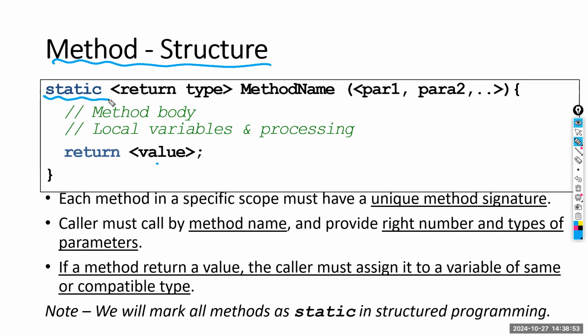Use the static keyword. If you have a return type for the method, you can use int, double, float, and so on. Then the method name, then the parameter list: data type, parameter name, comma, data type, parameter name. Then your method body, where you do some processing.